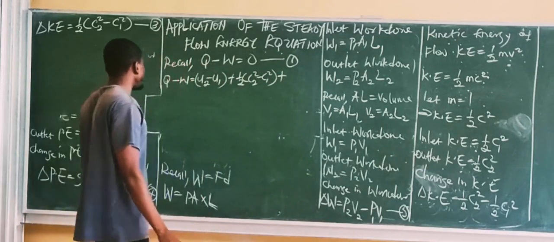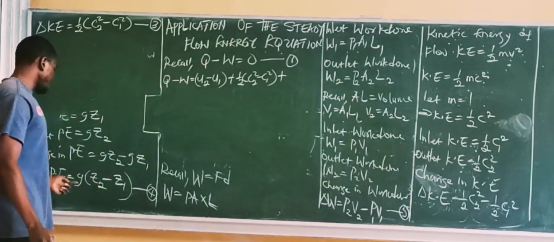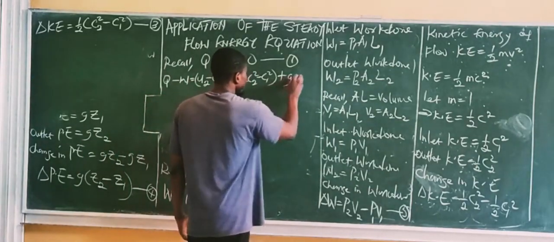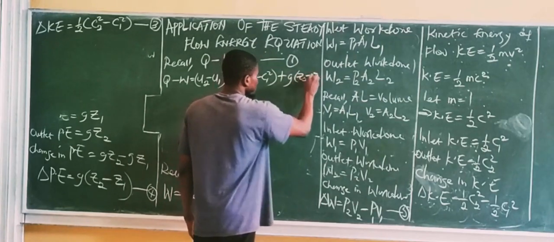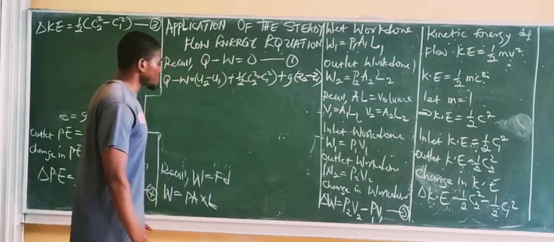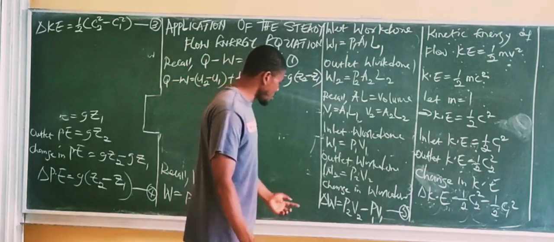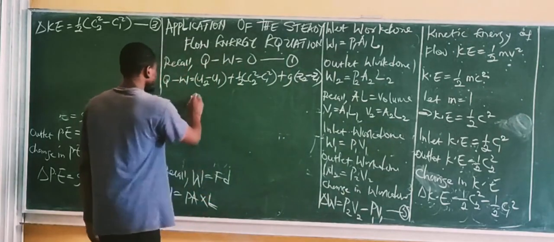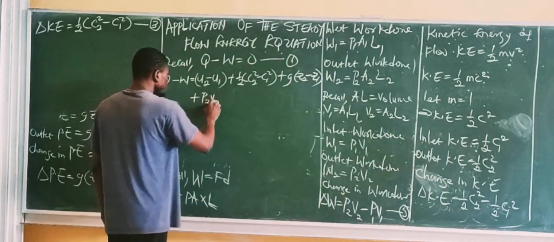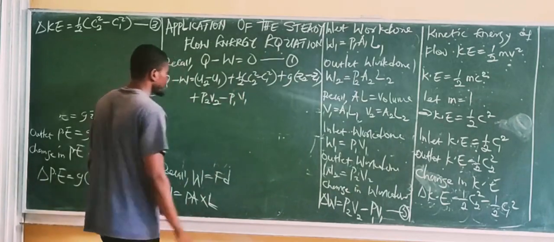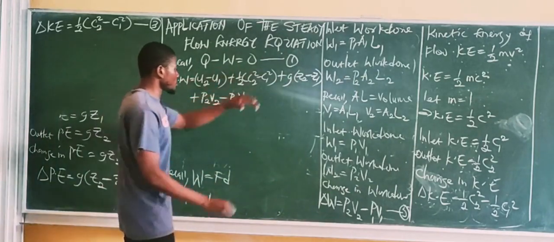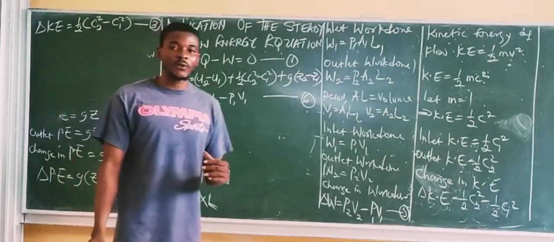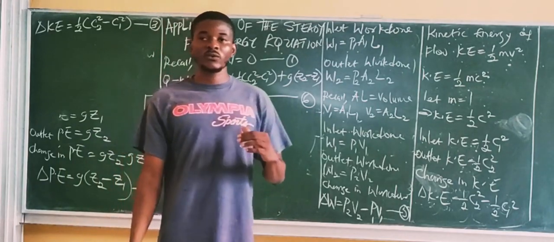Plus the third energy, the potential energy, which is g(Z2 minus Z1). And finally, the flow work, which is given as P2V2 minus P1V1. So if you leave this equation like this, equation 6, that is the steady flow energy equation.